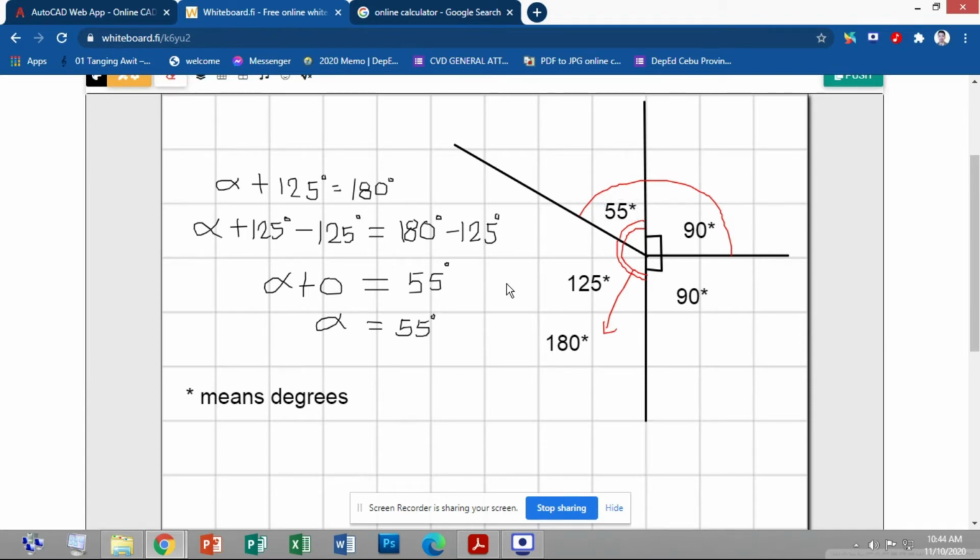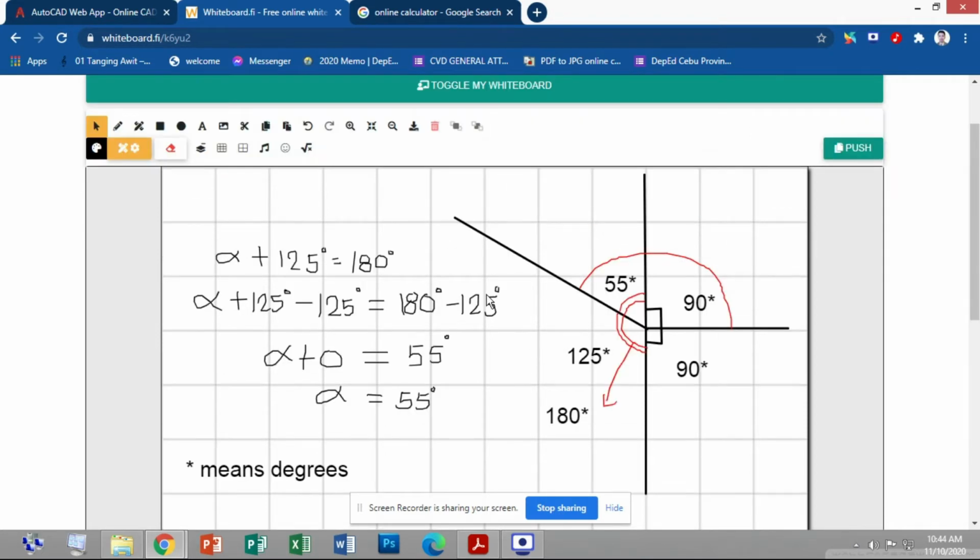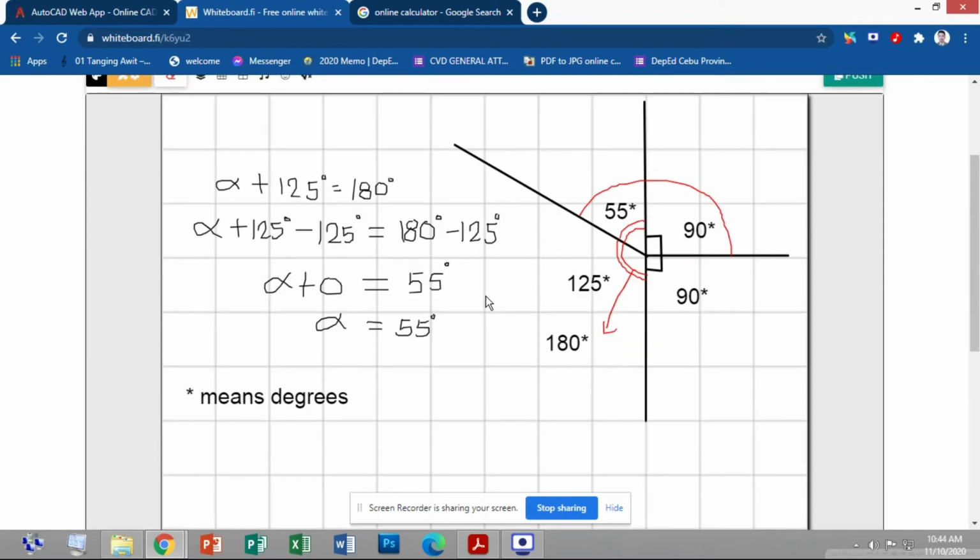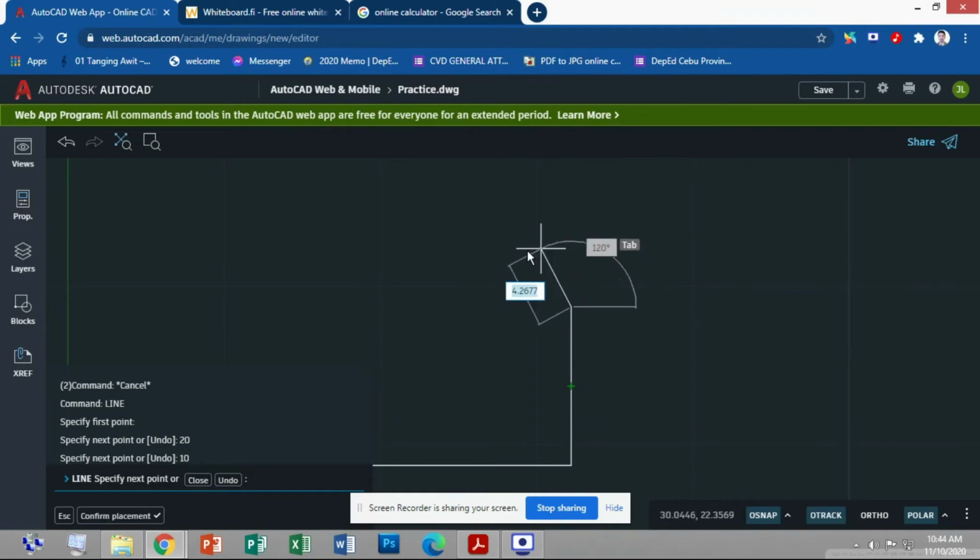So our next problem is that, okay, we can add now. So 55 plus 90, because this is our real target based on our AutoCAD. Tignan niyo si AutoCAD, oh. Naghihintay na lang yan ng input.